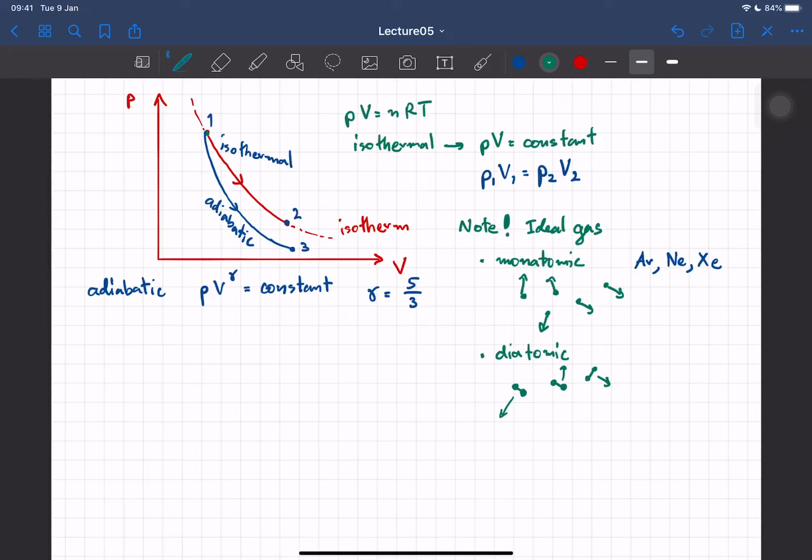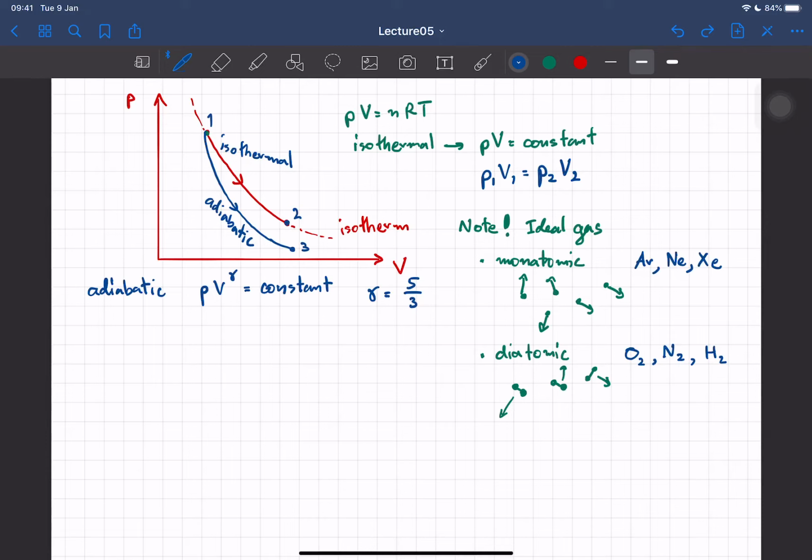Okay, so nitrogen and oxygen are the majority of gas that you breathe in, and that's going to be diatomic gas because if you look at the chemical formula, the oxygen molecule is actually O2. Nitrogen is N2, and even hydrogen is H2. Okay, so 2 means 2 atoms per molecule, right? So all of these are going to be dumbbell-shaped molecules if you zoom in close enough. So this is called diatomic gas, okay?